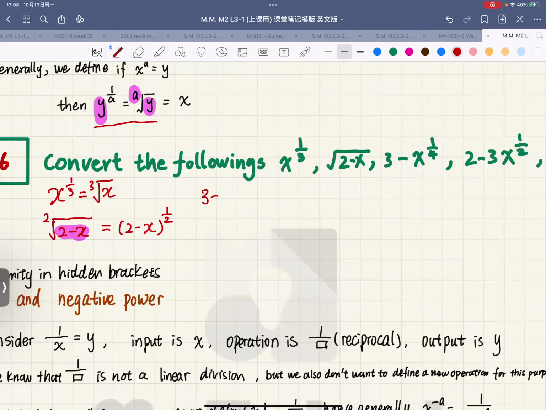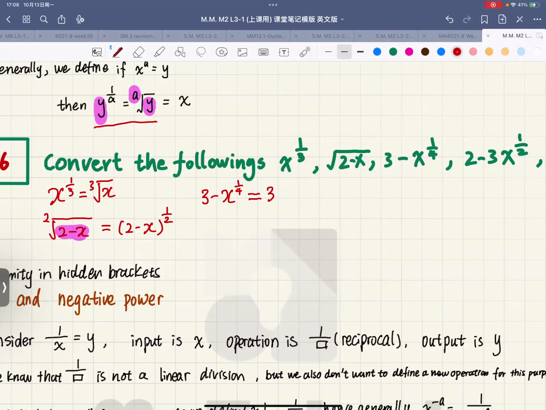3 minus x to the power of 1 over 4, and we want to convert to the third form. So 3, we cannot do anything to the 3. X to the power of 1 over 4.